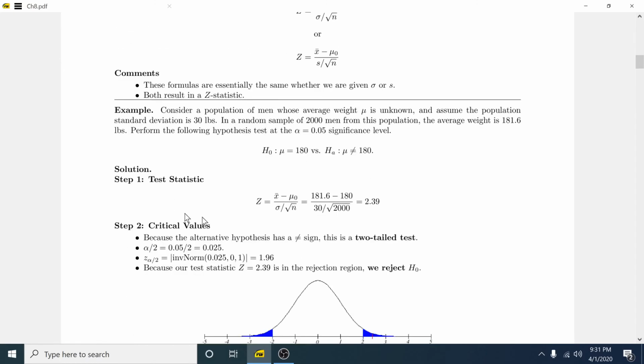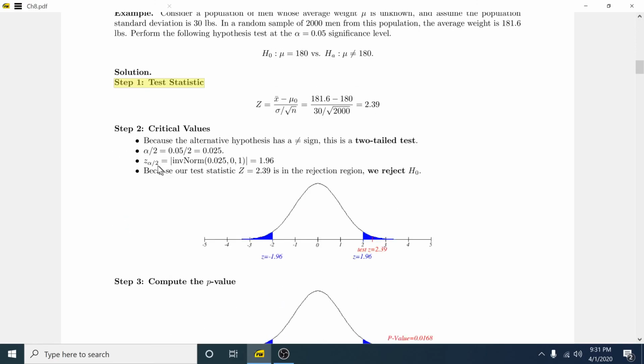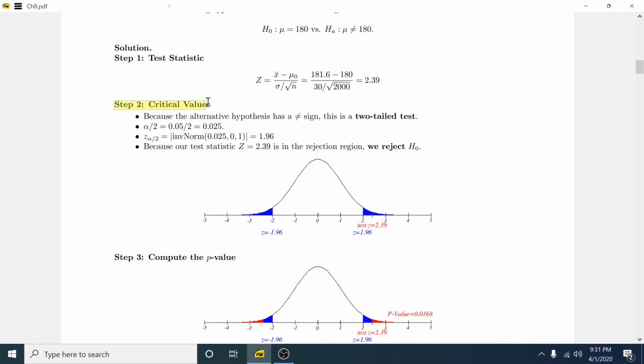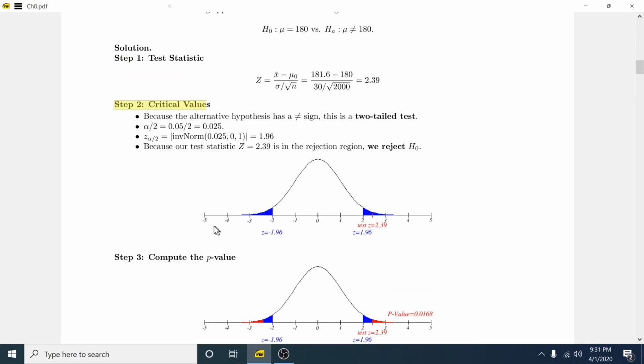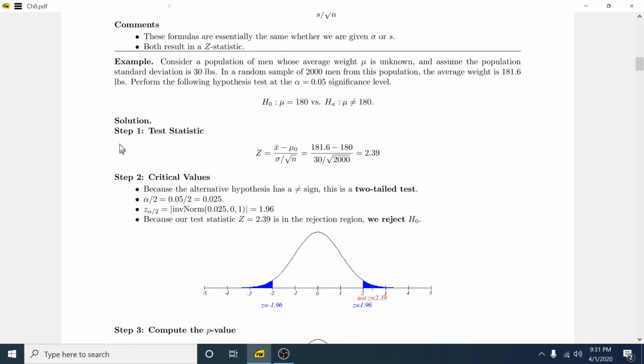You're going to calculate a test statistic. Once you calculate that test statistic, you're going to compare it to a critical value using a picture like this. And then finally, you're going to compute a p-value. Now, step 2 and step 3 are really the same for every testing problem we're going to look at. The only thing that really changes is the test statistic itself.